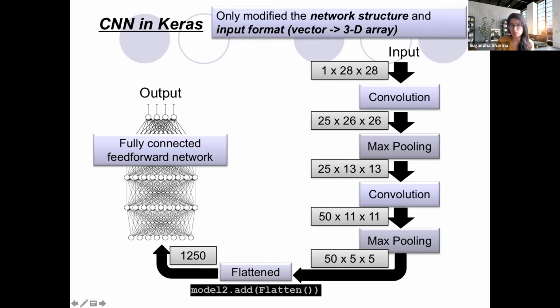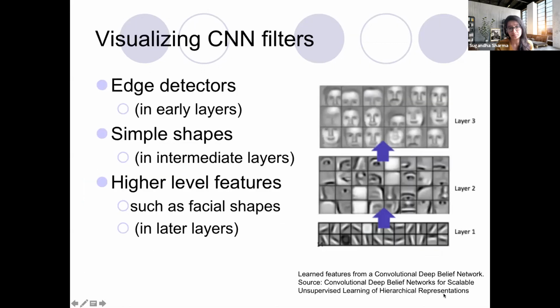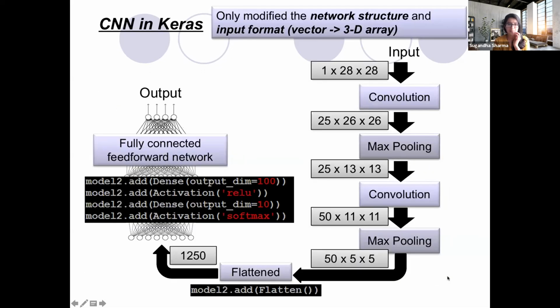We know how to construct this from the previous tutorial. So here we are just going to add a dense layer and the corresponding activation, and then another dense layer and a softmax activation, because we are doing classification, right? So in this case, we just add 2 fully connected layers at the end, and that's it. That's basically all I wanted to cover.